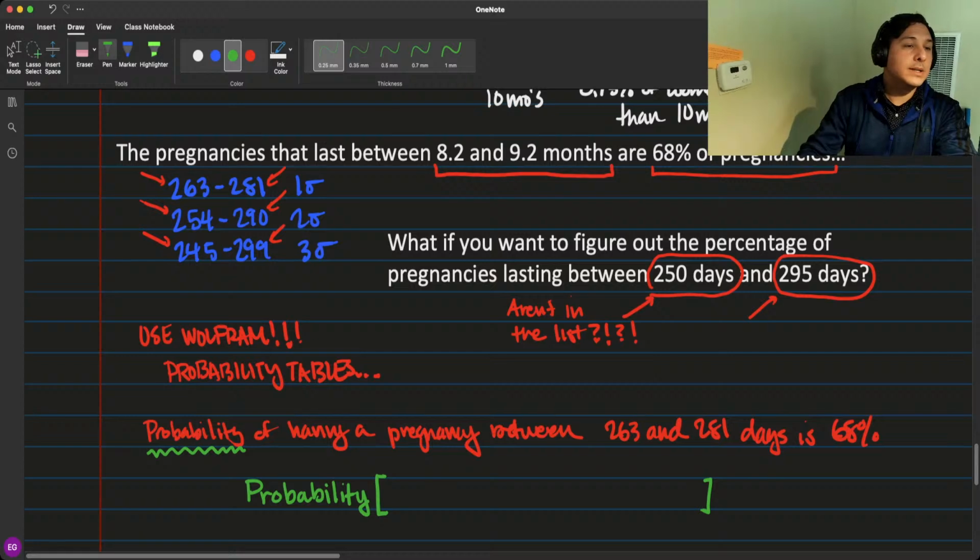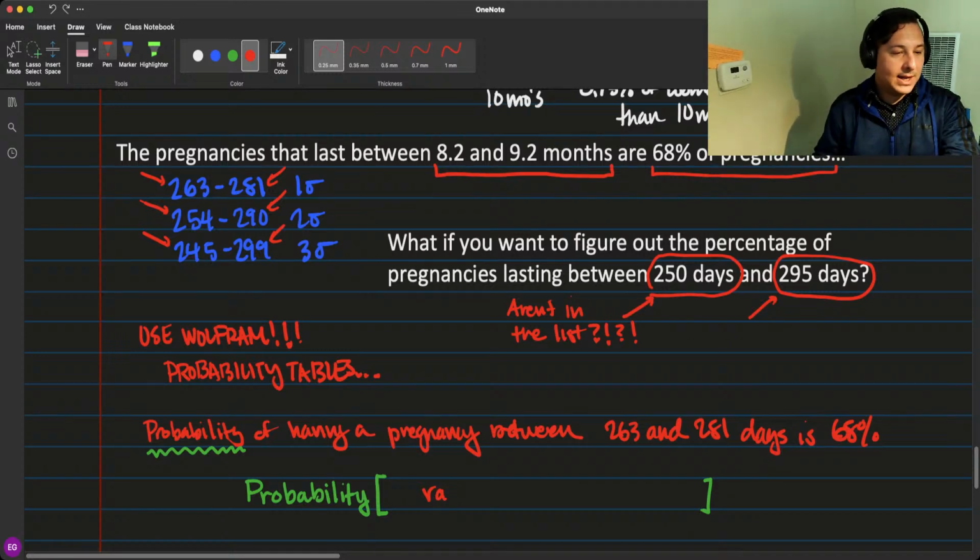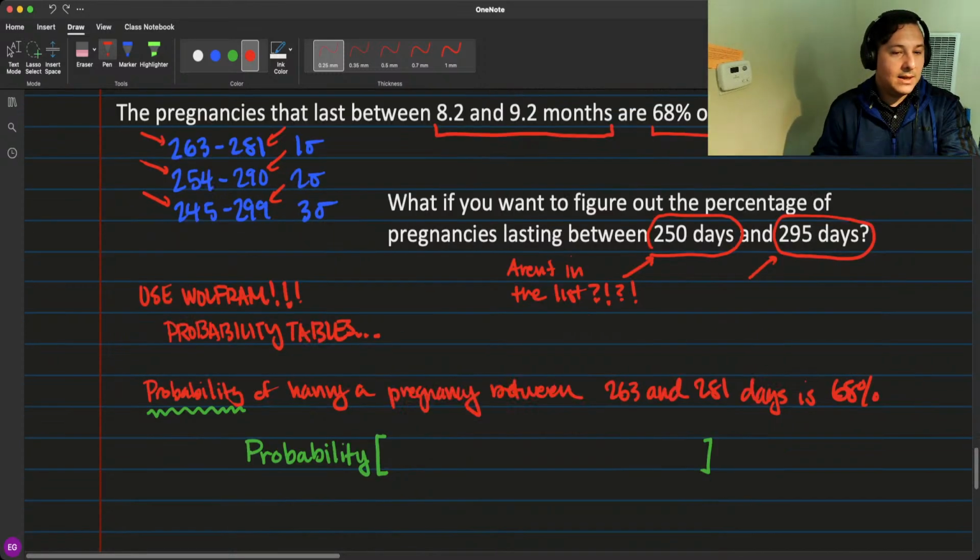Okay. So what you're going to do is have a name of a variable, and put in there what you want to know about that variable. So for instance, we can say that the length of a pregnancy is between 263 and 281 days.